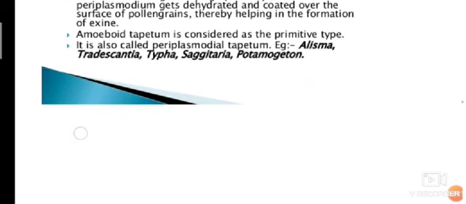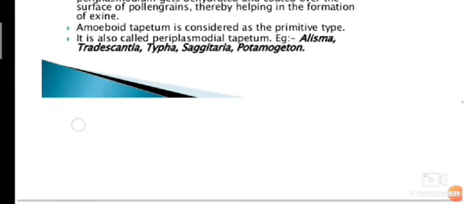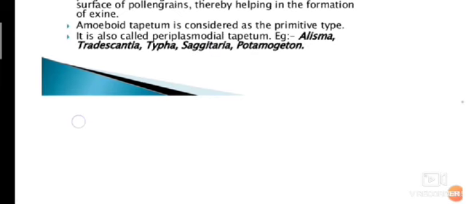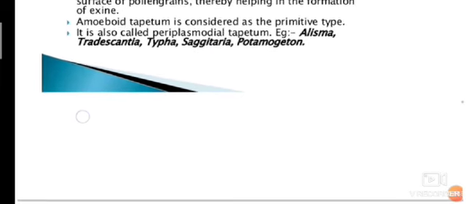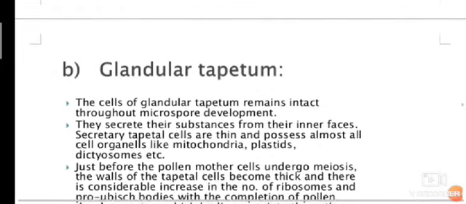Amoeboid tapetum is considered a primitive type. It is also called periplasmodial tapetum. Examples: Alisma, Tradescantia, Typha, Sagittaria, and so on.